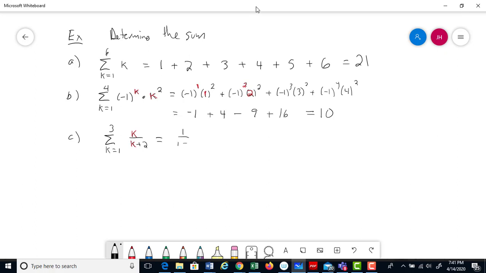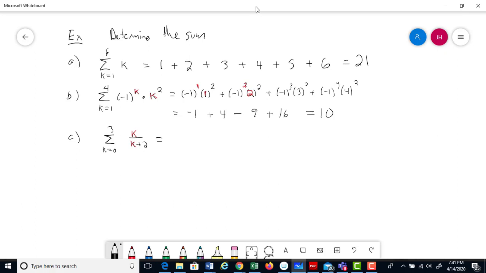So 1 over 1 plus 2 is when k is equal to 1. You know what I should do? Let me erase this. You don't have to start at 1. Let's go k equals 2 to 4. Actually, let's start at k equals 0. K equals 0 to 3.